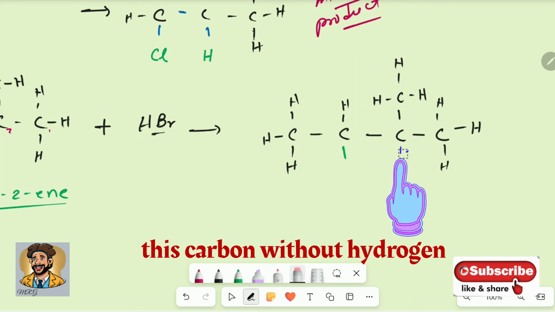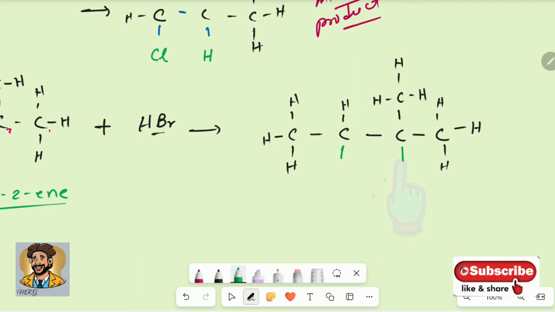So using Markovnikov, which one will the major product be? Hydrogen goes to the carbon that has the most number of hydrogens. Which of the 2 has more hydrogen? So this one is connected to a carbon, not to a hydrogen. So you cannot count the hydrogens that a substituent has. It does not count. It's the hydrogens that are straight bonded to the carbon.